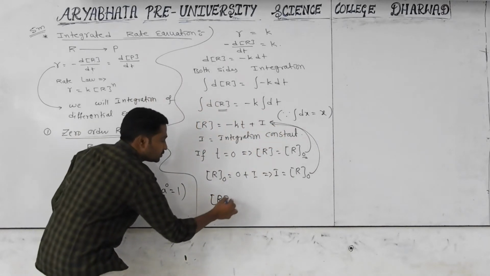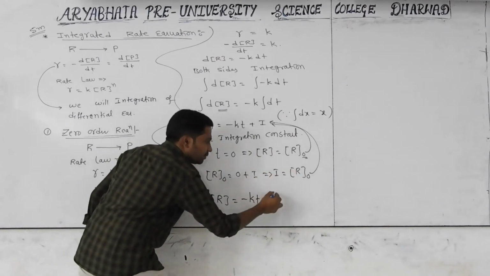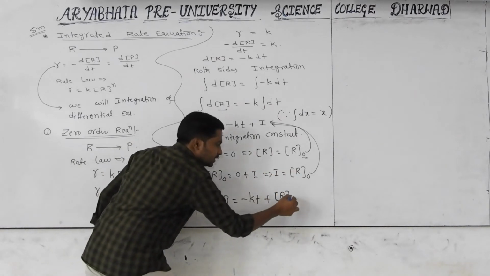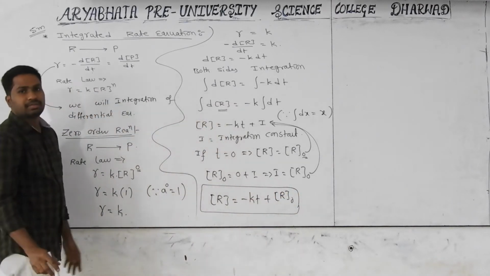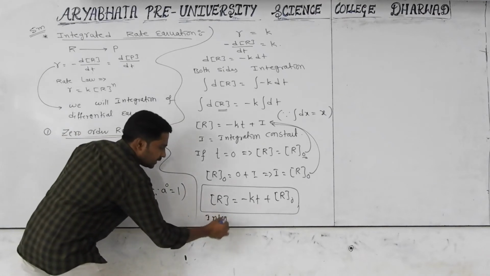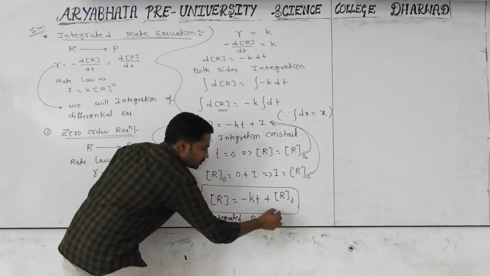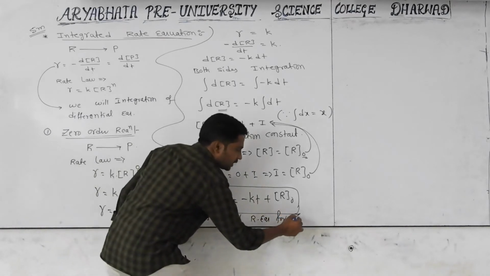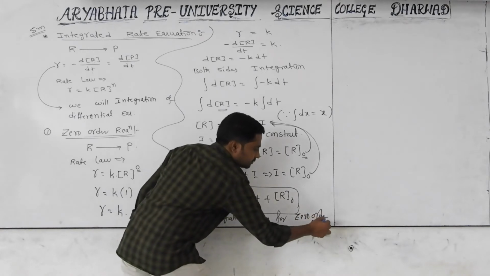R is equal to minus kt plus, instead of I, R0 can be written. This is what we call the integrated rate equation for zero order reaction.